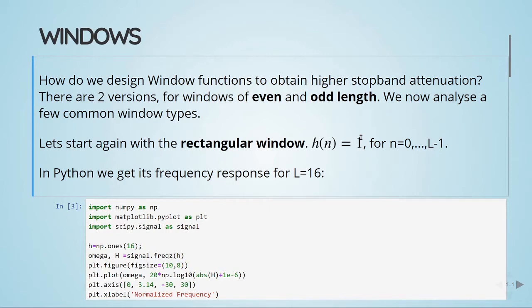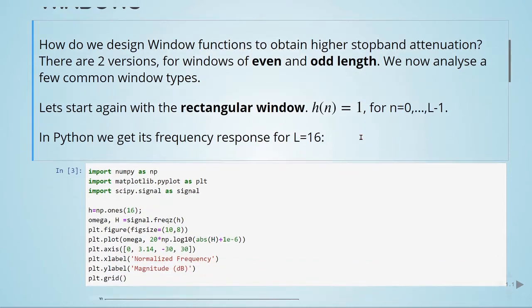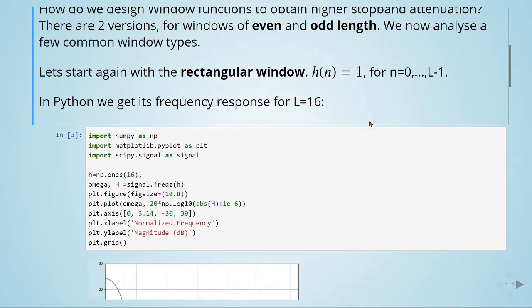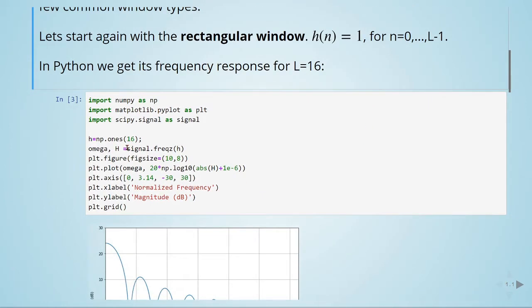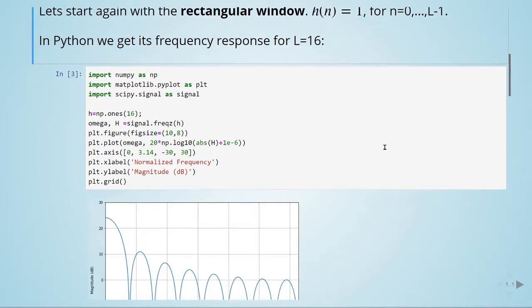equal to 1 for n going from 0 to L minus 1, where L is the length of the window. So we can design here a rectangular window with L equals 16, and we use scipy.signal.freqz to compute its frequency response.